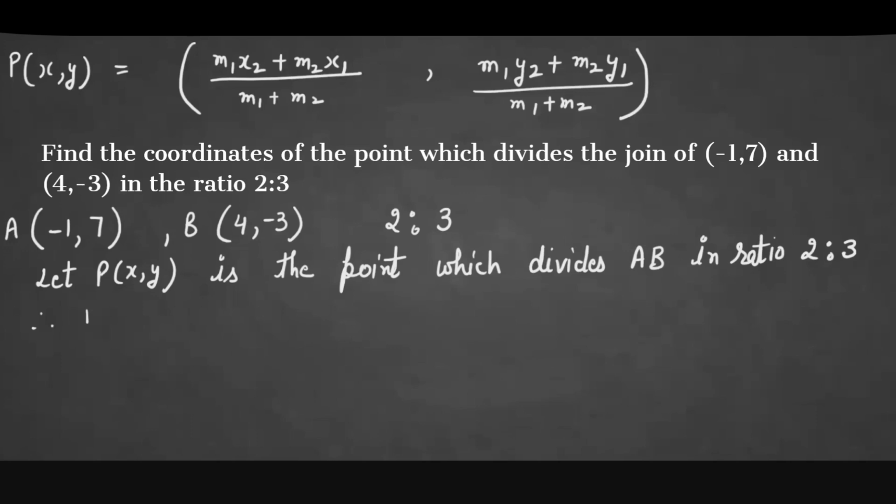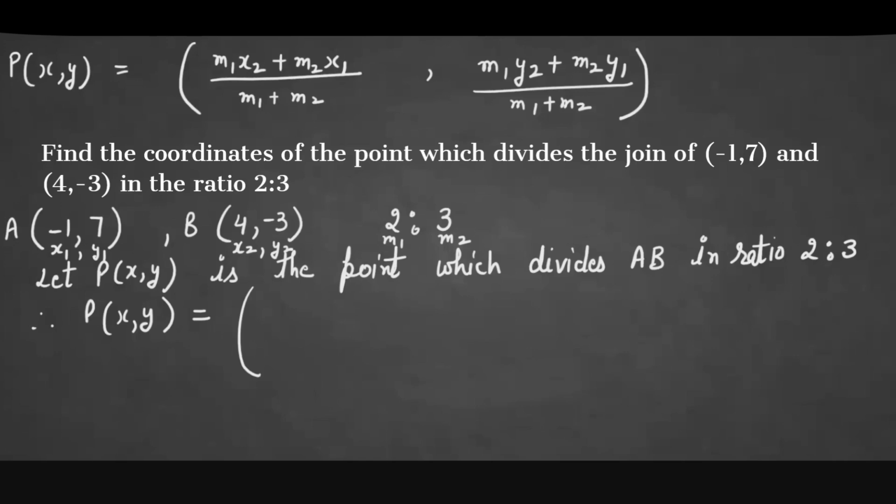Therefore, P(x, y) equals, now we have to use the formula. m1 we will write down below this, m2 below this, x1, y1, and here x2, y2, and then we will substitute the values.